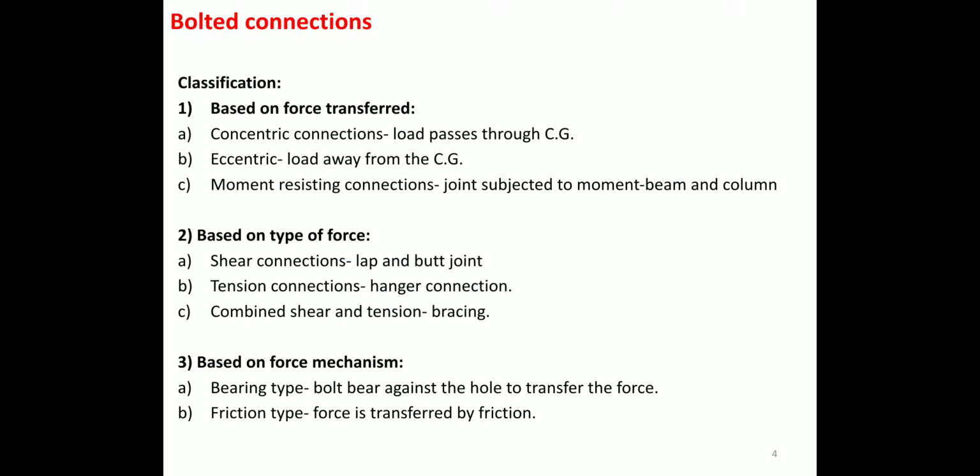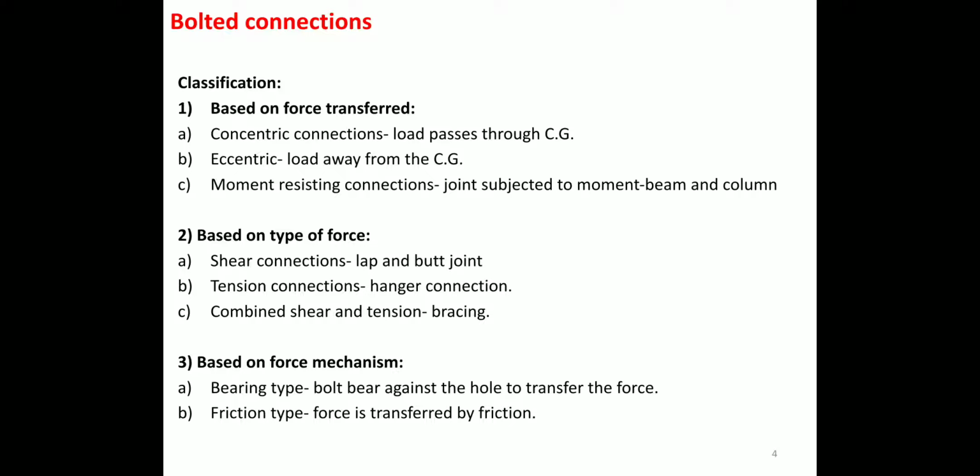B, the eccentric type of connection: eccentric is nothing but the load away from the center of gravity, means the load is not passing through the centroid. Third is the moment resisting connection, a joint subjected to moment, as in beam and column.